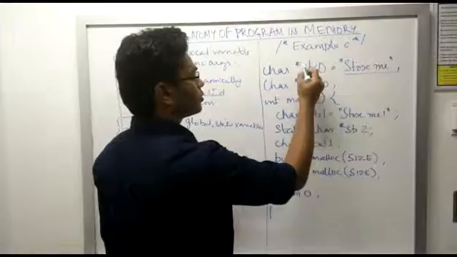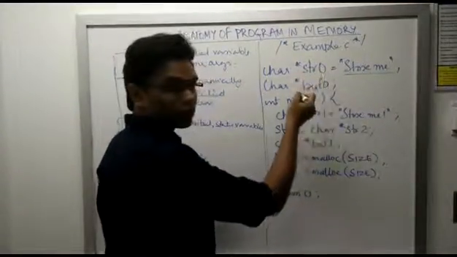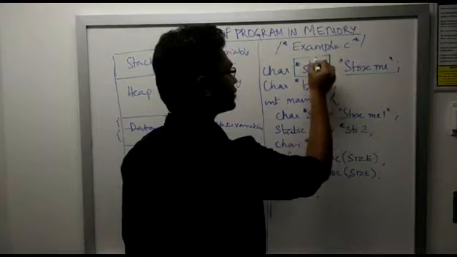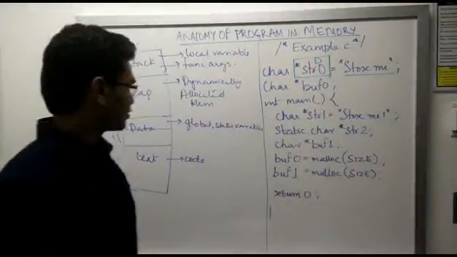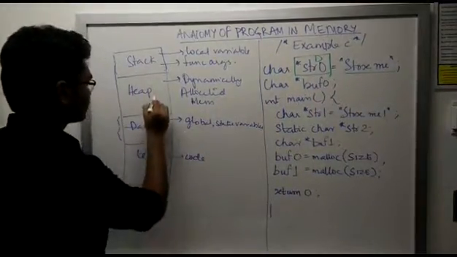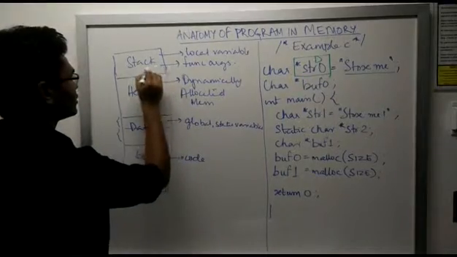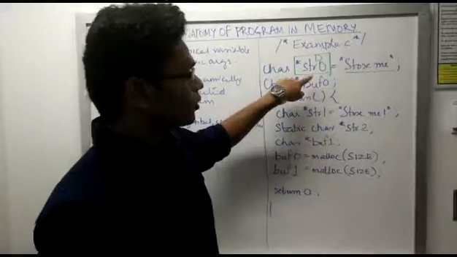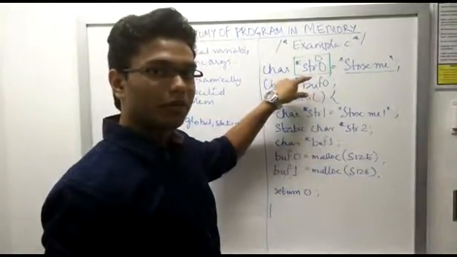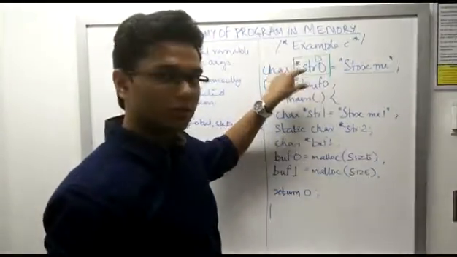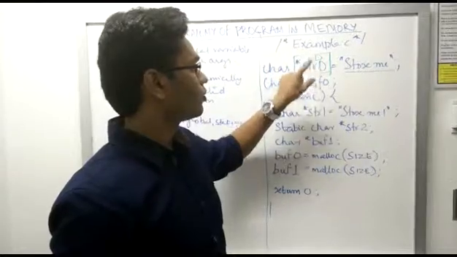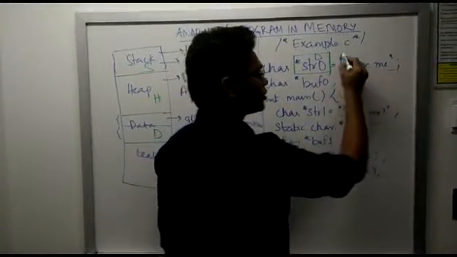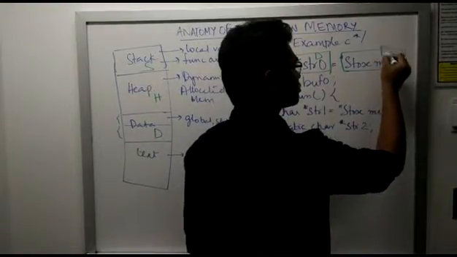Since it's a global variable and only a pointer, this will come from your data section. So I'm marking it as D. Let's mark this as heap, and let's mark S, and let's mark this as stack. So the memory to store an address, which is your string 0, will come from the data section. Also, the memory to store this string also comes from the data section.